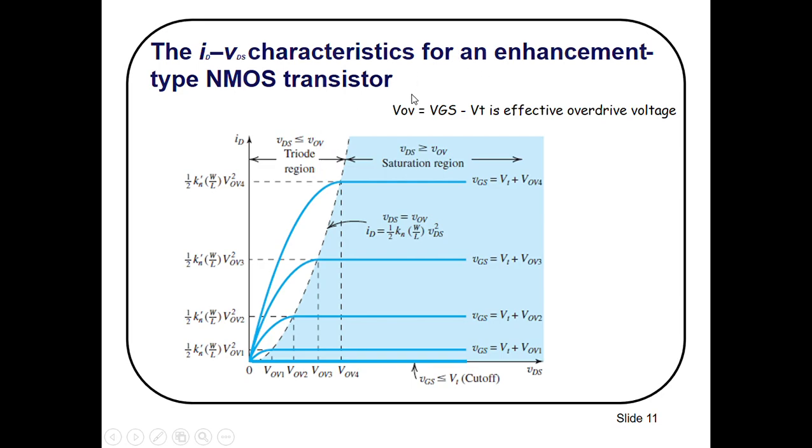This VOV is the effective overdrive voltage, equal to VGS minus VT. Similarly, when VDS becomes greater than VGS minus VT, the device operates in saturation region. You can see in the saturation region a constant ID will flow, no matter how much VDS you apply.